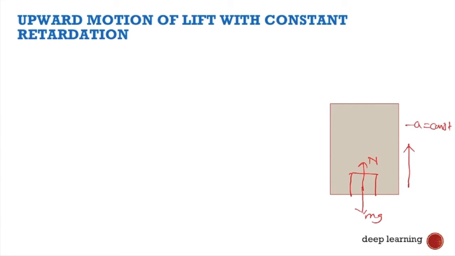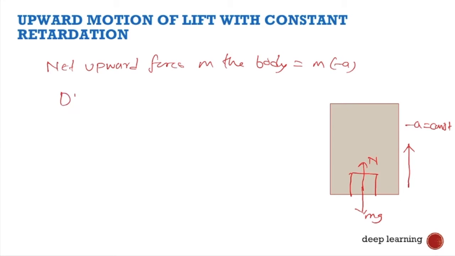Lift is moving upwards, so the net upward force acting on the body will be equal to m into minus a, because acceleration is negative, that is retardation. So upward force minus downward force is equal to minus ma.